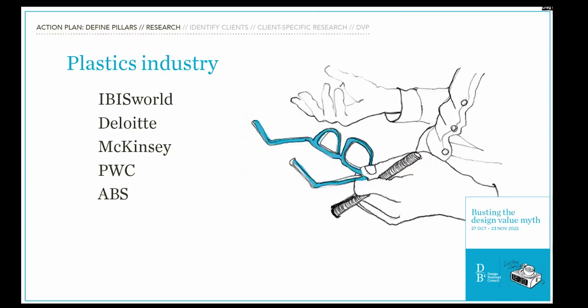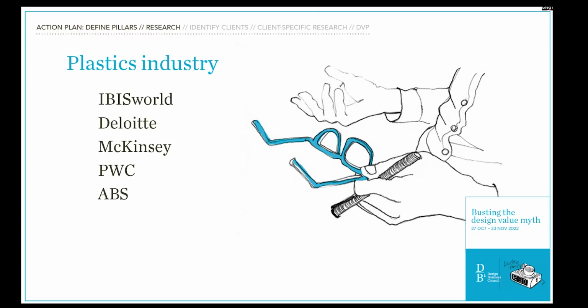The next is to dive into very specific research about the industry. Now, this is a number of sources: IBISWorld, Deloitte, McKinsey, PwC, and the Australian Bureau of Statistics. IBISWorld gives you a whole lot of facts and figures about industry groups and then specific businesses, large businesses within that group.